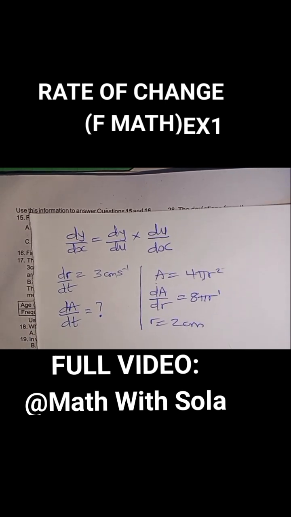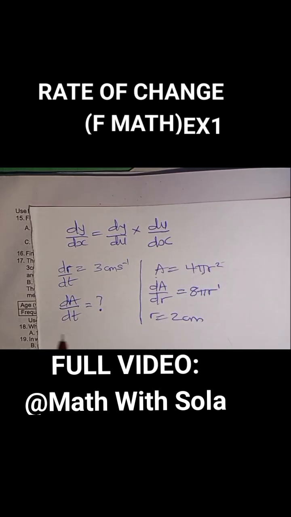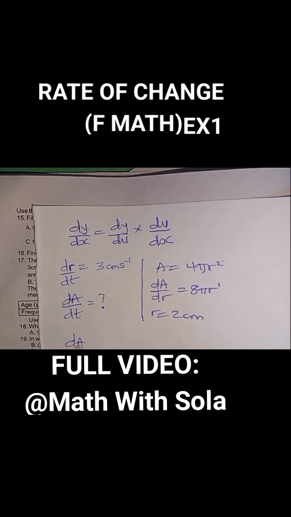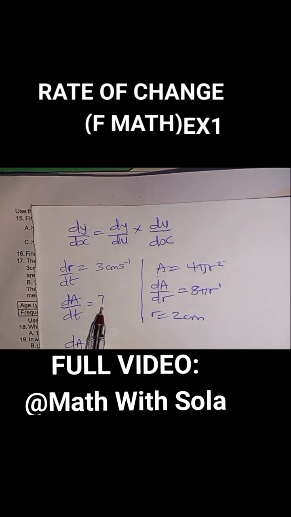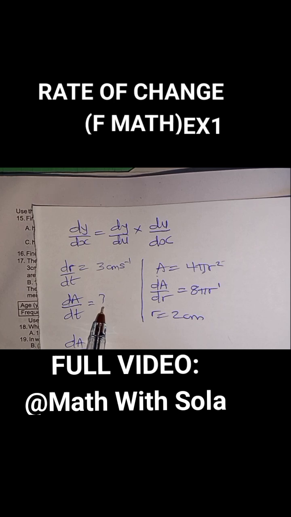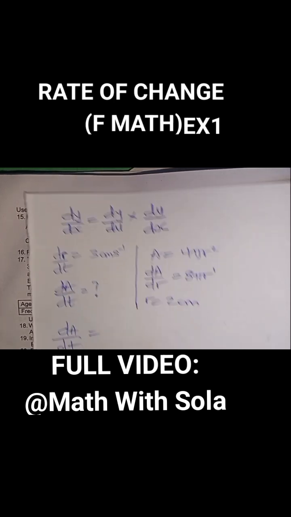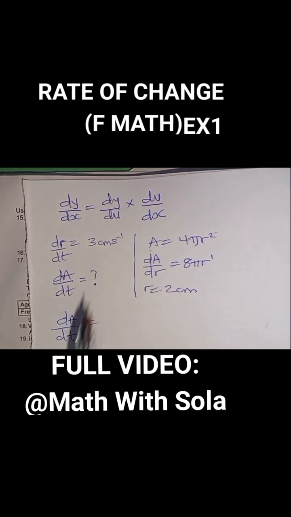So let's form it for this question. Here we already have all of this. We are looking for dA/dt, so I can even start with that. Based on this, we have to start with dA.